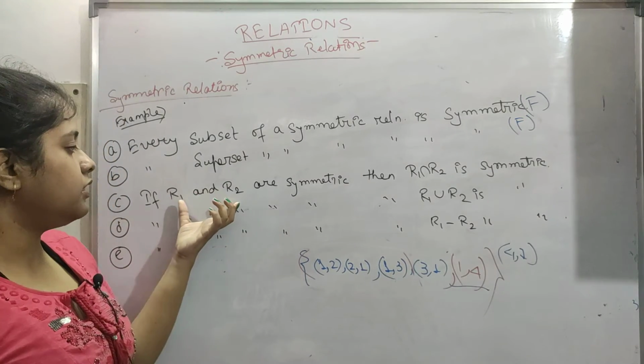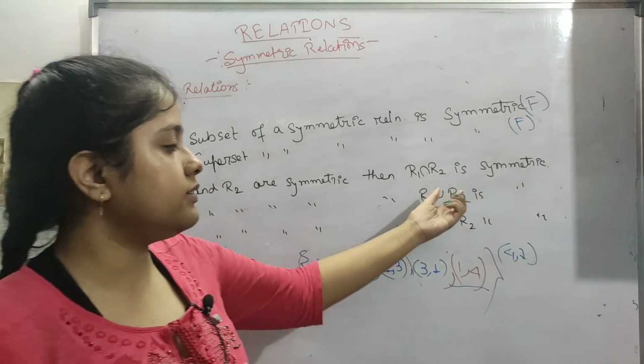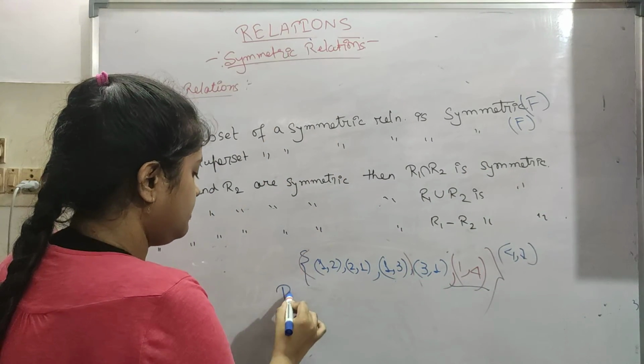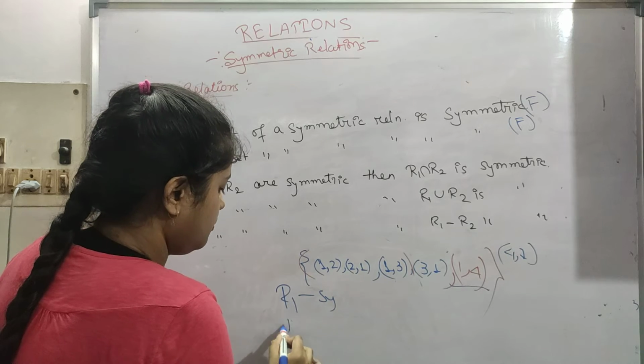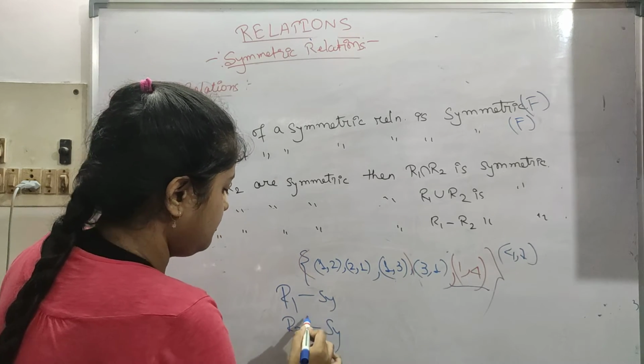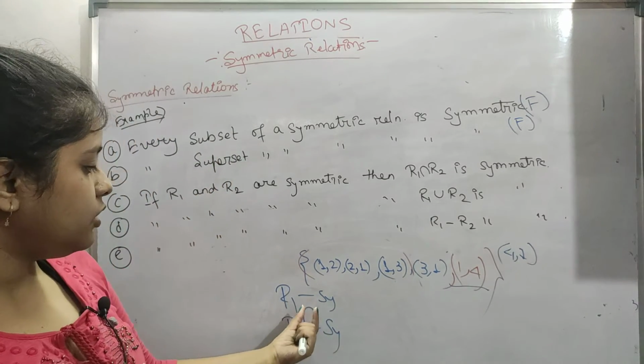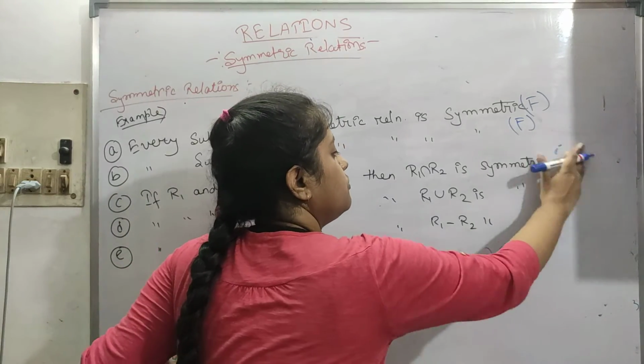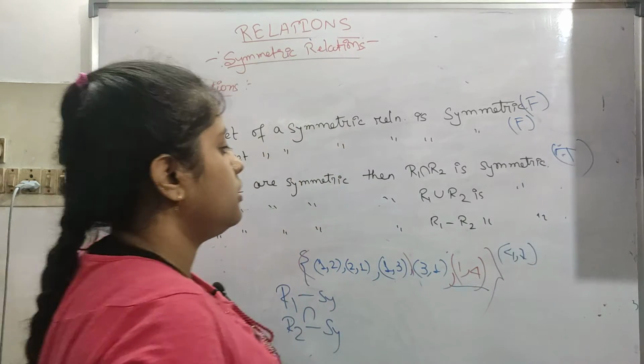Now if R1 and R2 are symmetric, then R1 intersection R2 is symmetric. This is true, because R1 is already symmetric and R2 is symmetric. If we take the intersection of these, we will get a symmetric relation only.